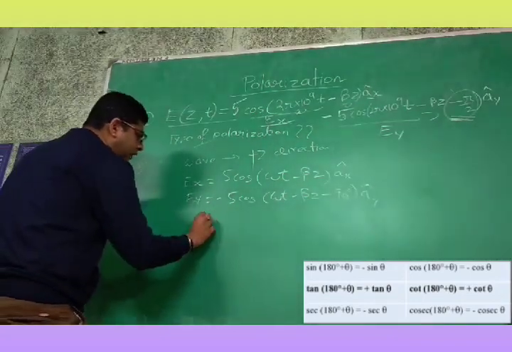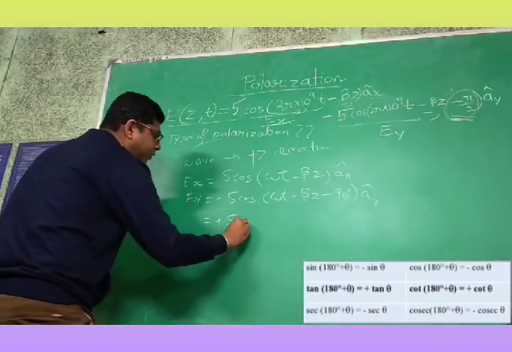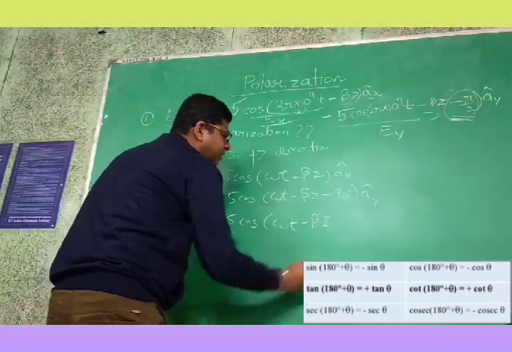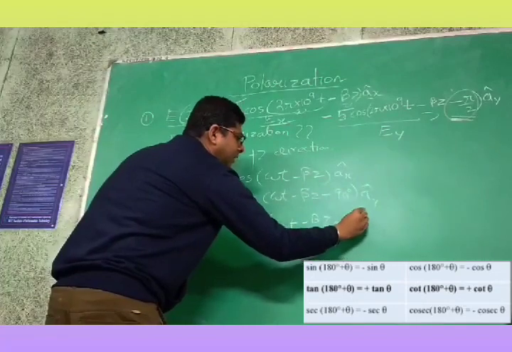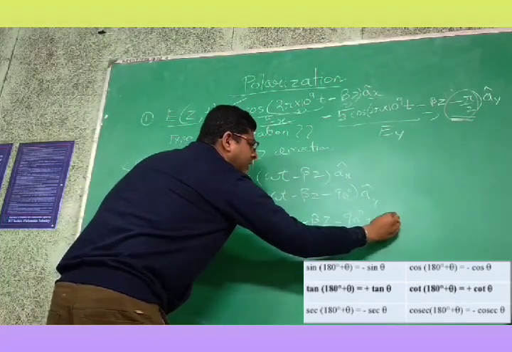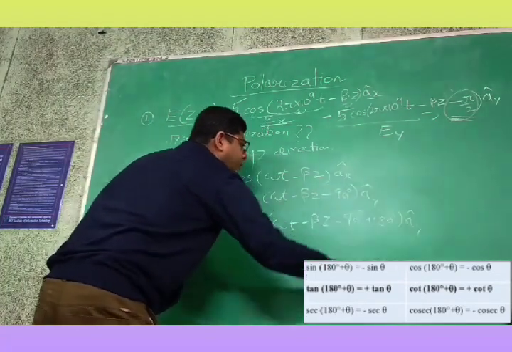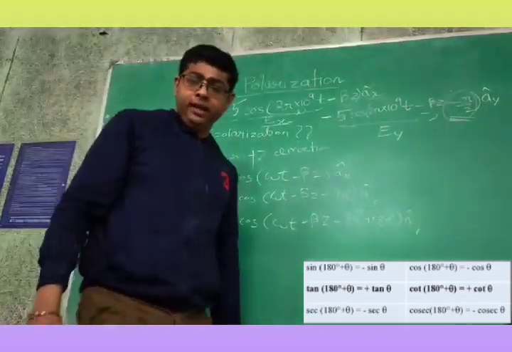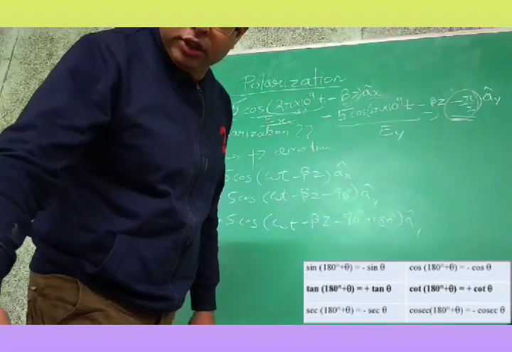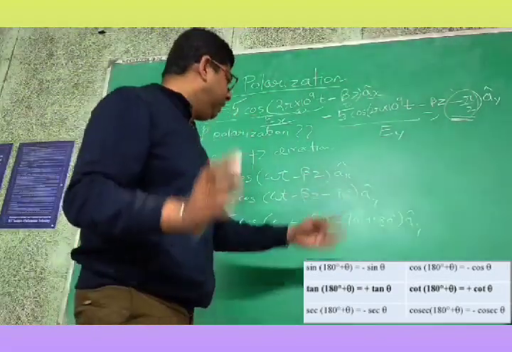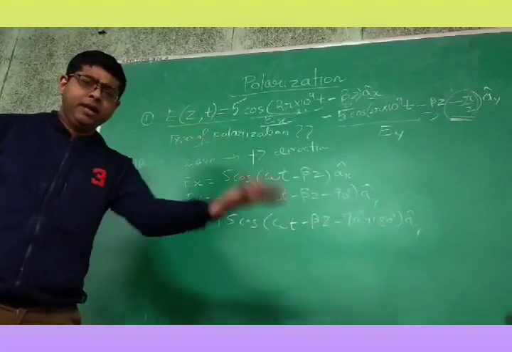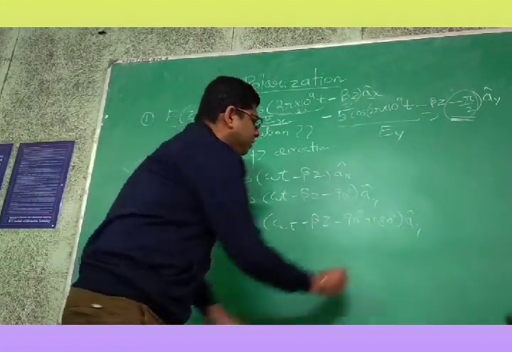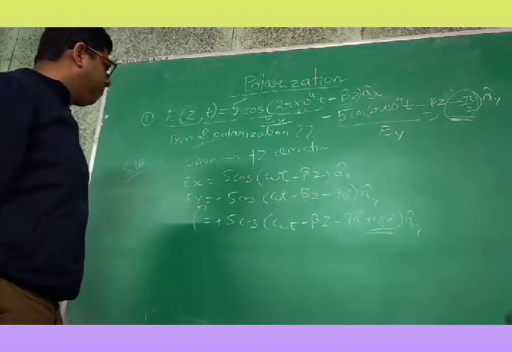Okay, so that will be plus 5 cos(omega t minus beta z minus 90 degrees plus 180). If we evaluate this, it will be similar to this one, because cos 180 degrees is minus 1, right? So cos(180 degrees plus theta) is minus cos theta. So that minus I have taken into account with this angle of 180 degrees.